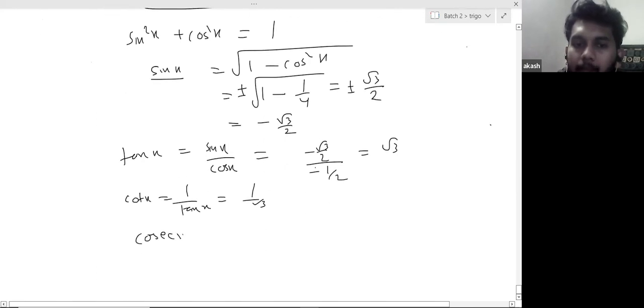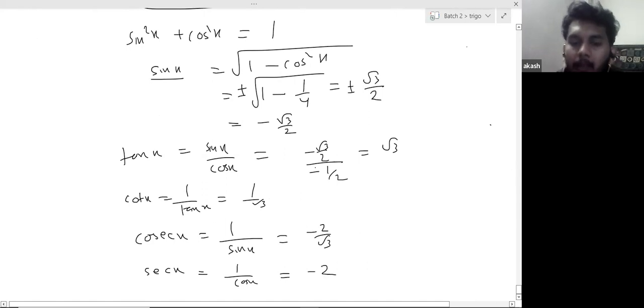Cosec x is 1 upon sin x, so minus 2 upon root 3. And sec x is 1 upon cos x, so this is minus 2. All right, this is clear. Very easy question, just one simple identity. Rahman, Shaifullah, Peer, Mazia, clear?